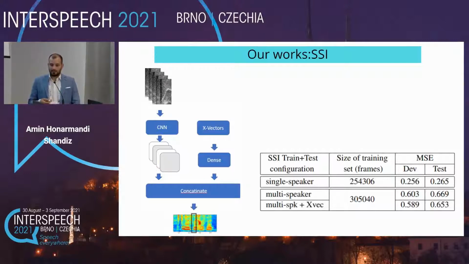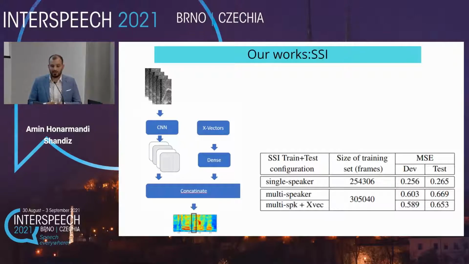As I told, we had two data sets. One was TIL1 and another was TIL80. TIL1, as you can see in the first row, we had like 250,000 frames per second. We have a lot of data. Then for intelligibility, the error rate for development is 25%.